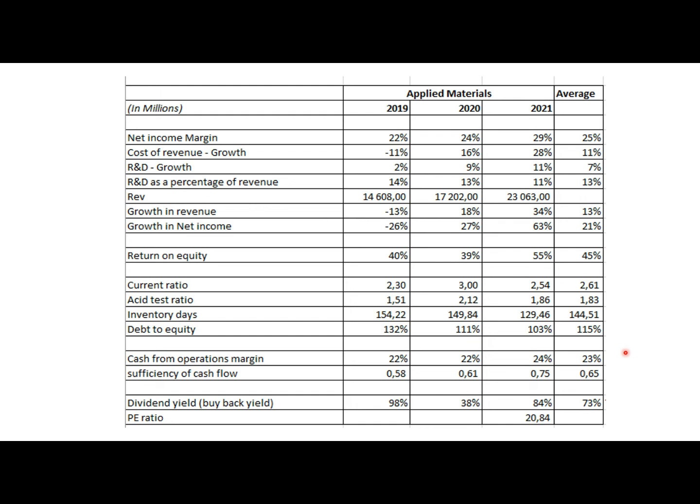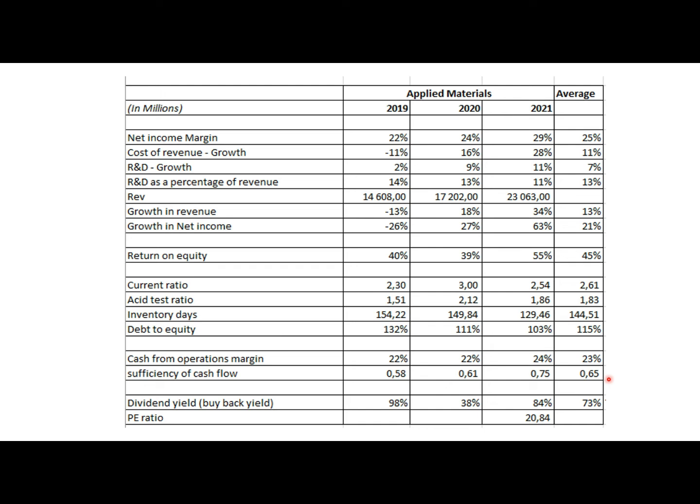The sufficiency of cash flow is below the industry average, but only slightly. Industry average is about 0.66, and Applied Materials is at 0.65. So only slightly below the industry average, very, very slightly. The sufficiency of cash flow has been improving, supported by the strong cash margins.